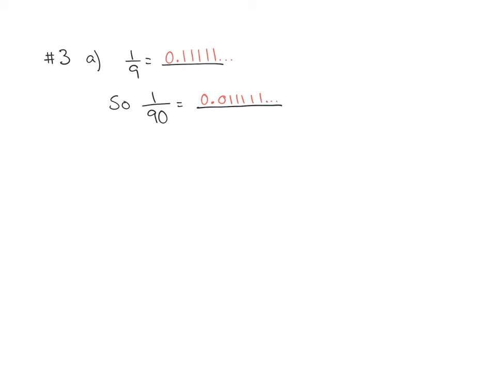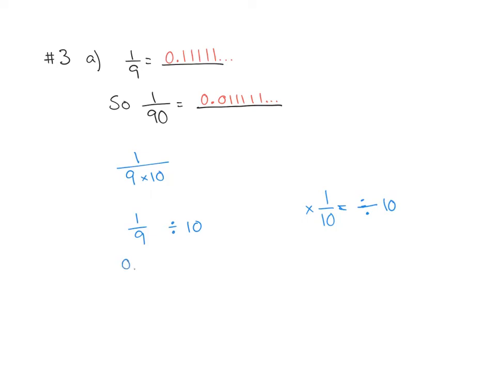Now, this might seem a little bit confusing, so I'll break it down. It's kind of like having 1 over 9 times 10, right? And so we could break this down into the same thing as doing 1 over 9 and then dividing this whole thing by 10, because when you multiply by 1/10, it's the same thing as dividing by 10.